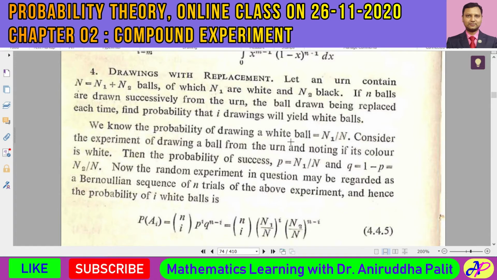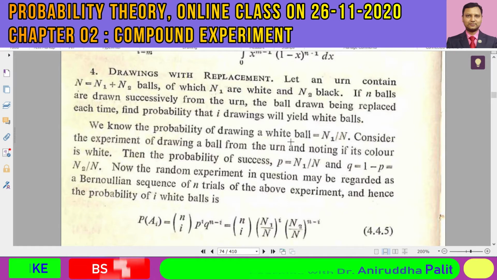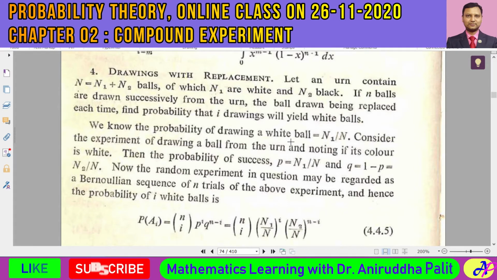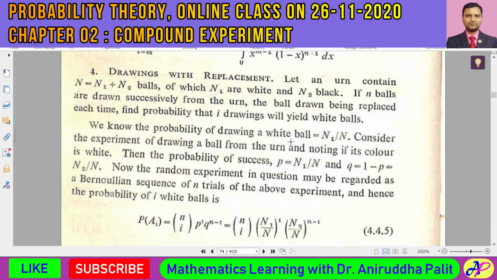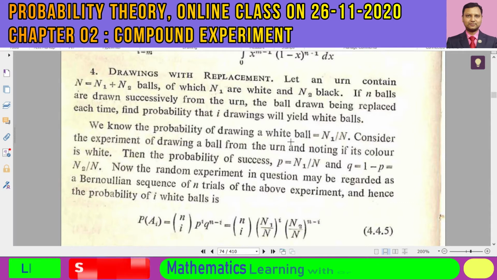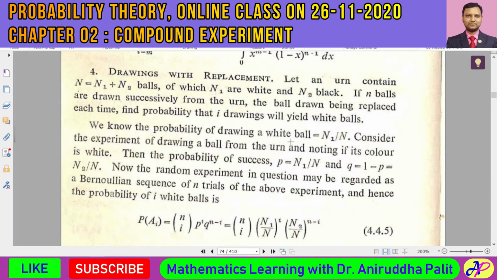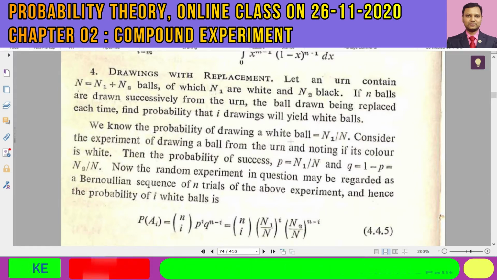So in each and every trial, the probability of drawing a white ball and a black ball should also be the same. So what we observe is that the criteria written over here are actually satisfying the conditions of Bernoulli trials.